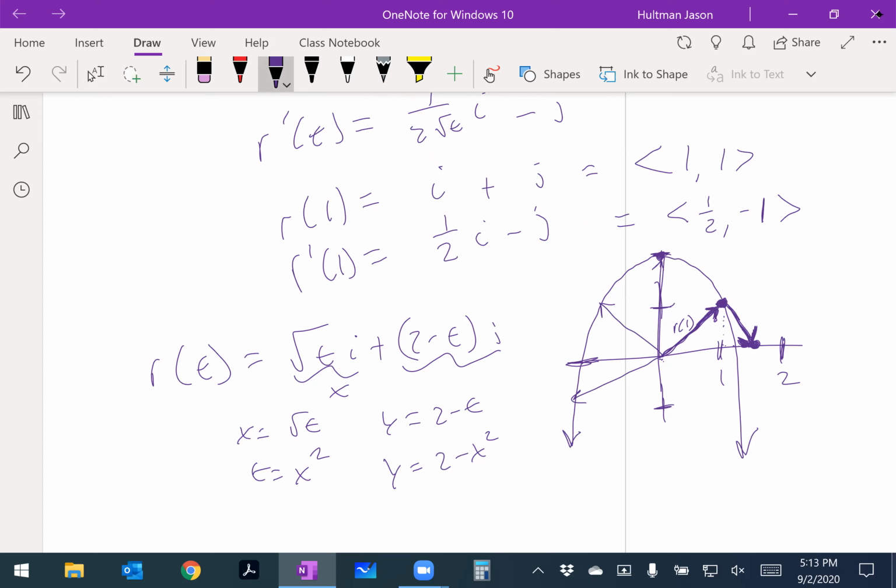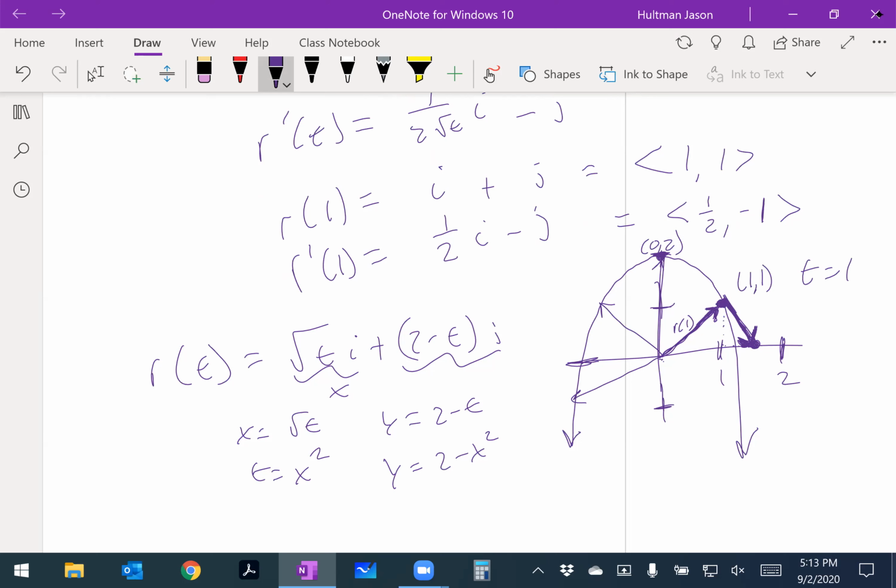And then what's the tangent vector at 1, 1 when t is equal to 1, right? When t is equal to 0, where am I at? When x is equal to 0, don't I start at 0, 2? Let's think of x as t.